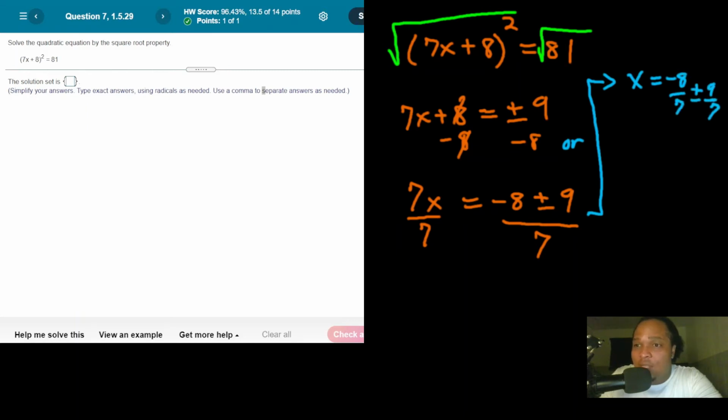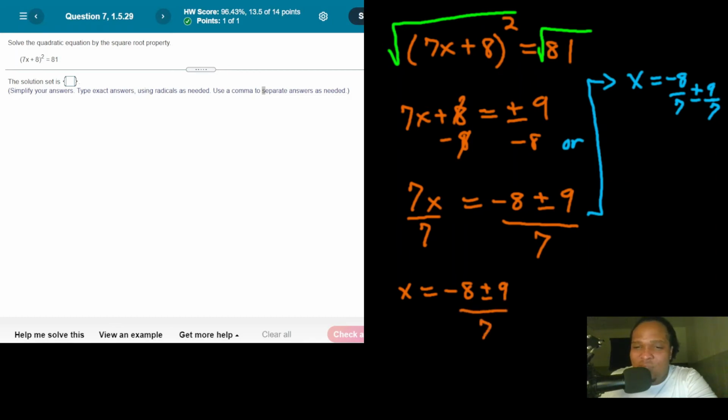Since everything is being divided by 7, you can do it that way. It might be better for you. When you have imaginary numbers, they force you to write it this way. We don't have any imaginary numbers right now, but they will be coming up. You're left with x is equal to negative 8 plus or minus 9 over 7.